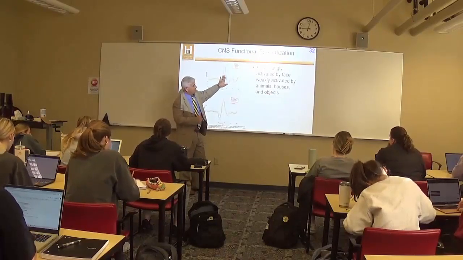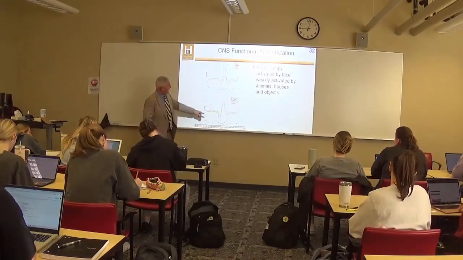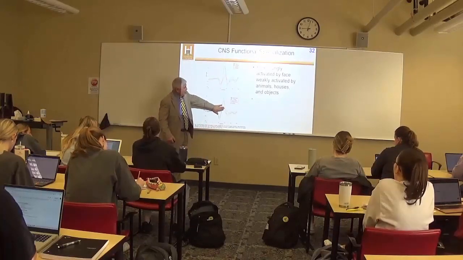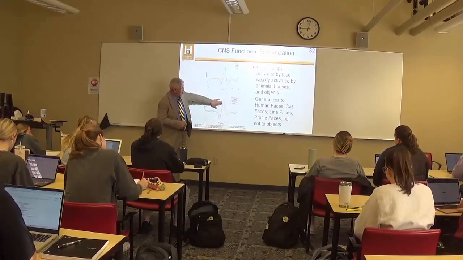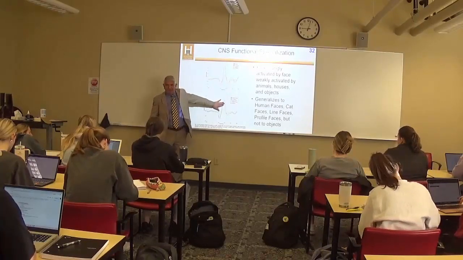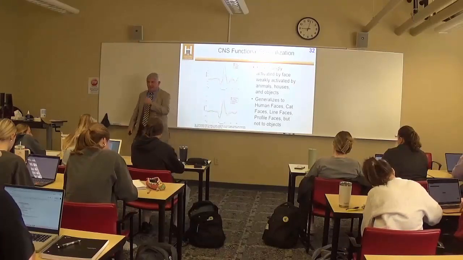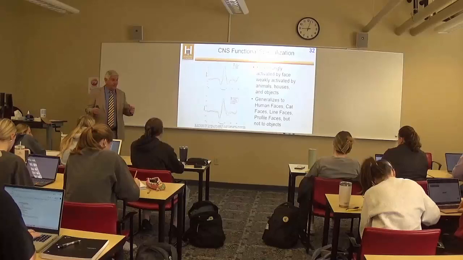Now, here are our objects down here. If I have similar things, human faces, cat faces, line drawings of faces, profiles of faces, all of those are strongly activating the fusiform area. They're all being recognized as faces in that distributed pattern, not objects.